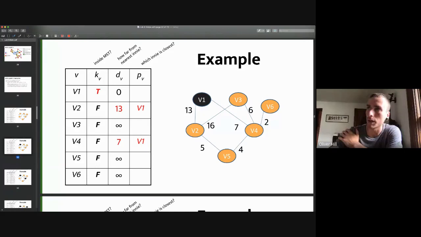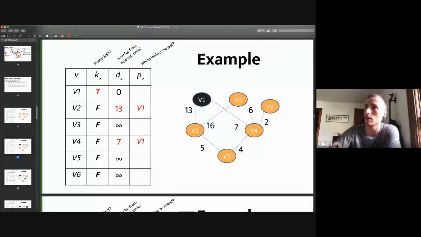And we're going to mark that as coming from V1 because that is the connection we're using. Does this all make sense? Right now, what is our minimum spanning tree? Right now, it's only V1 because that is the only node that is inside the MST. All we've done is update weights, our understanding of what nodes we can get to. So the next step is going to be adding one.